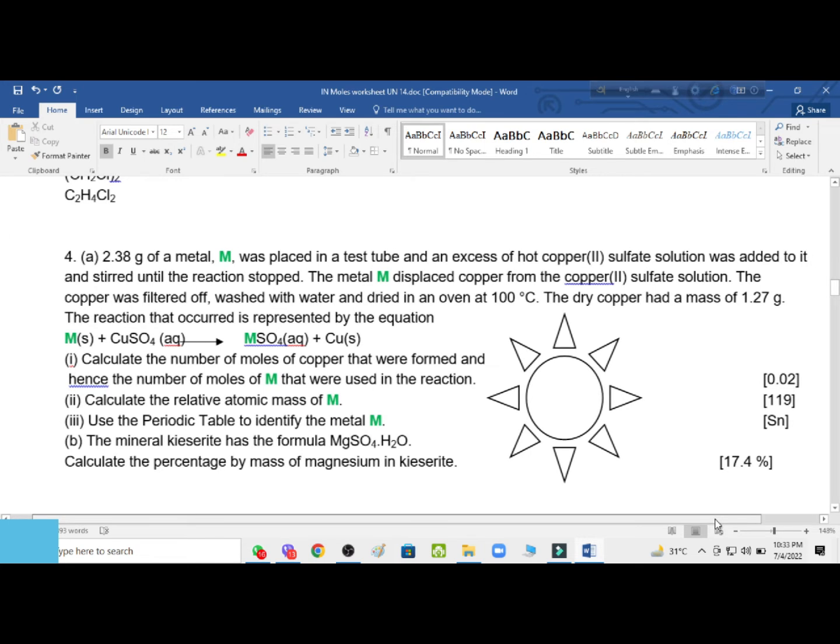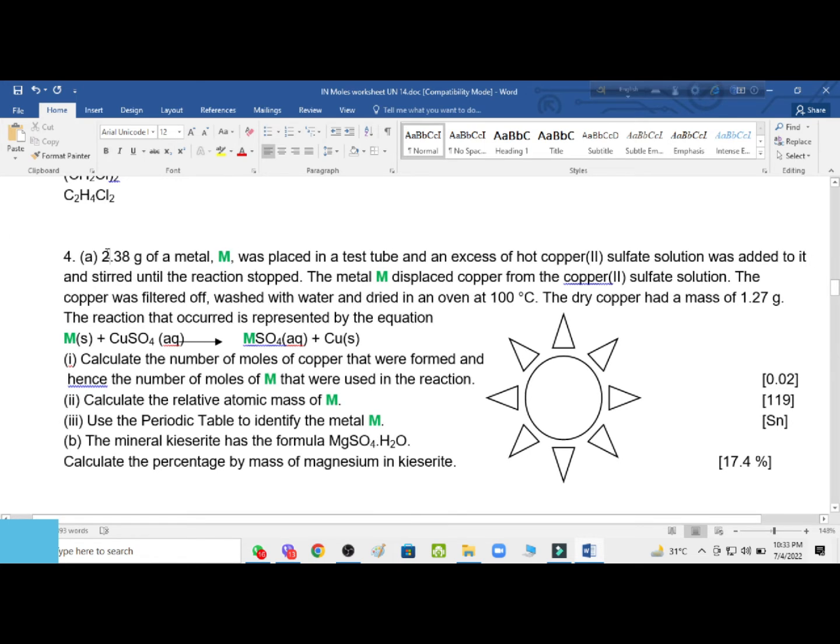First, read the question carefully. This gram of a metal M. Actually, the M is unknown here, right? We don't know the metal. It was placed in a test tube. You place the metal in a test tube and copper sulfate solution is added.